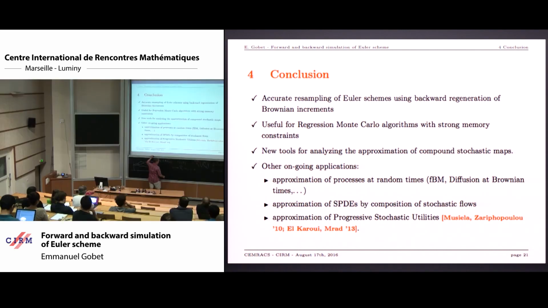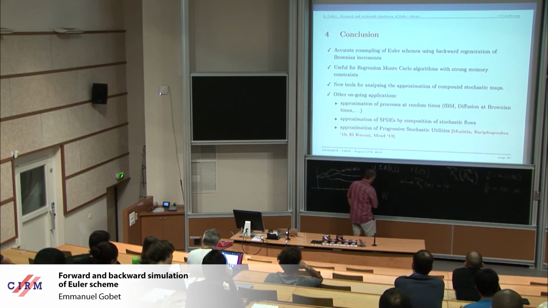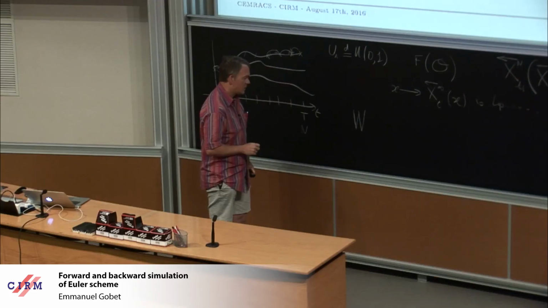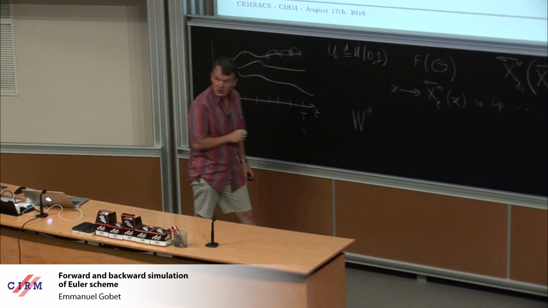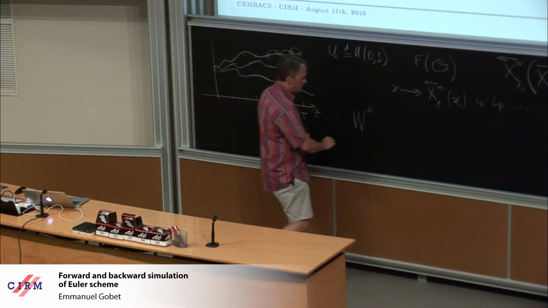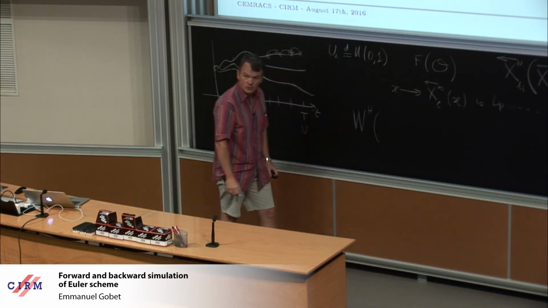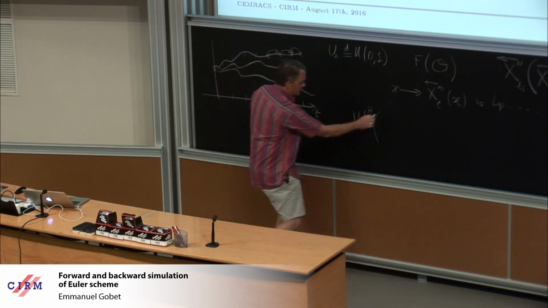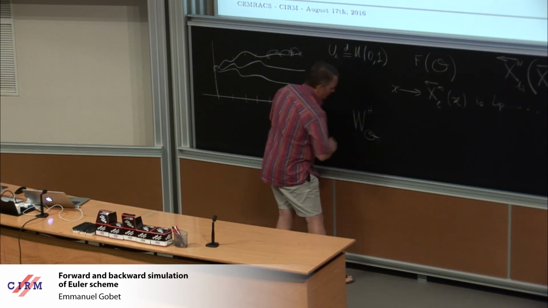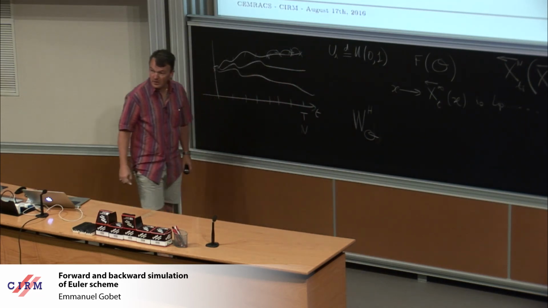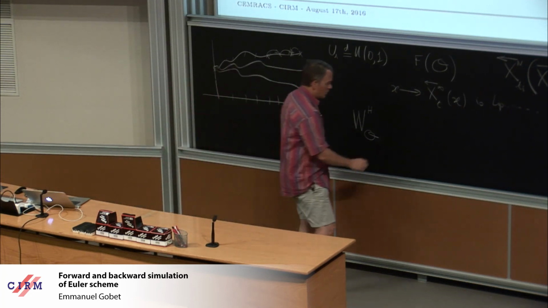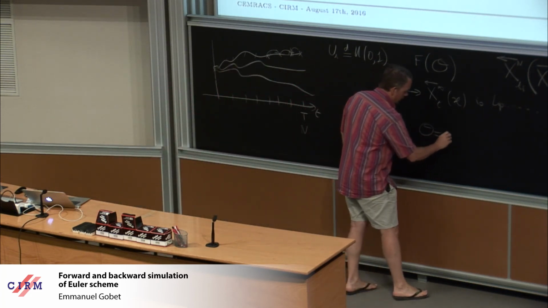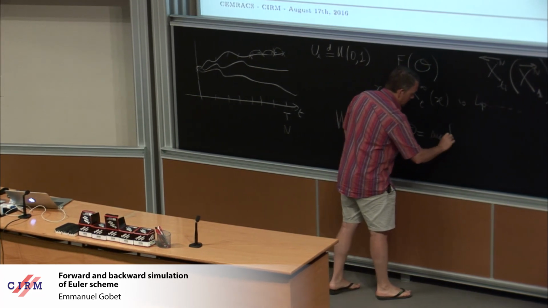Typically, I can mention that if you take a fractional Brownian motion with Hurst index H, and you want to simulate this fractional Brownian motion at a random time theta, and theta could be different from a stopping time.